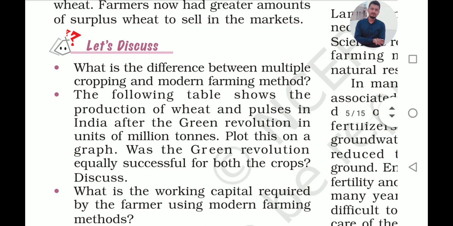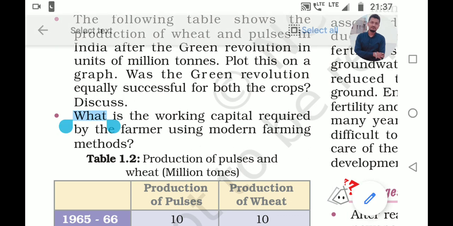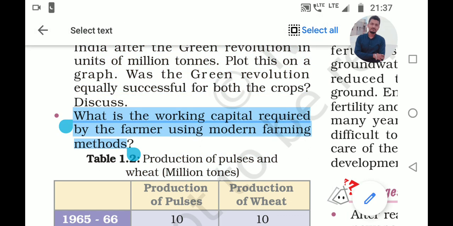Now one more question is there, that is, what is the working capital required by the farmers using the modern farming method? Earlier also we discussed that different types of factors are there for production. So what are the factors of production?